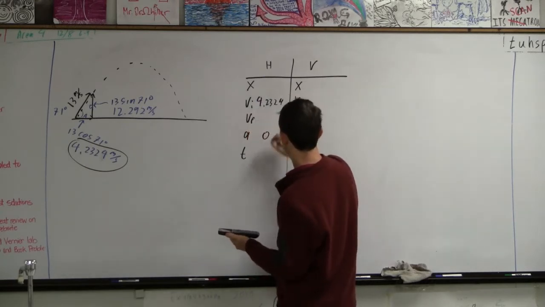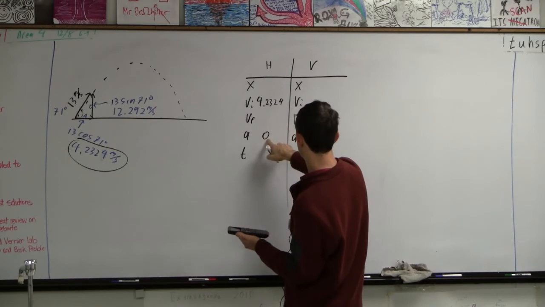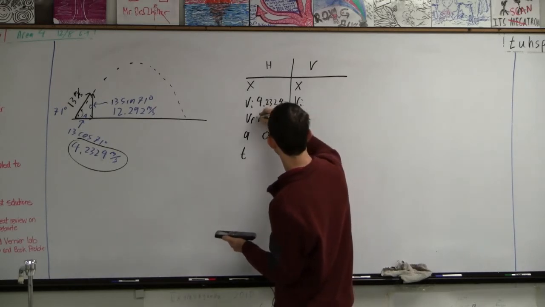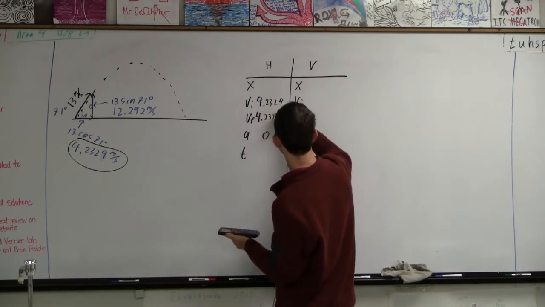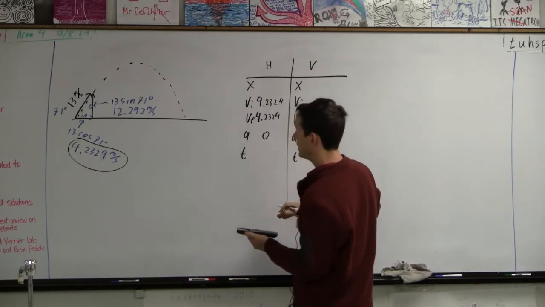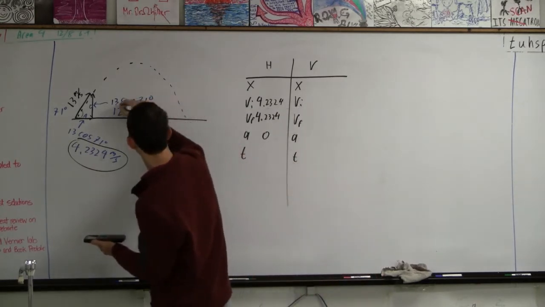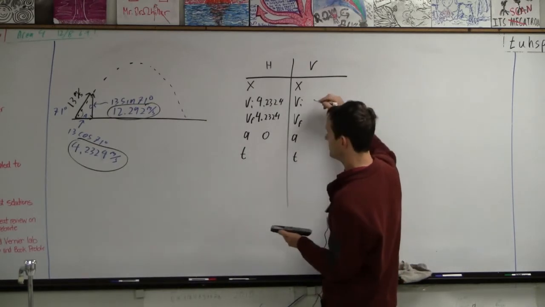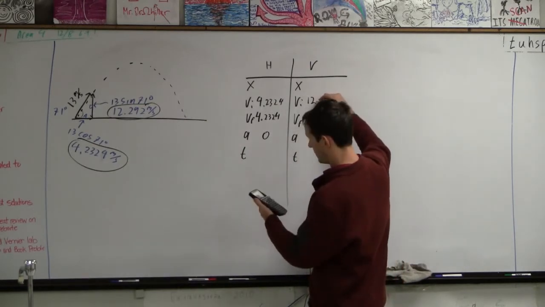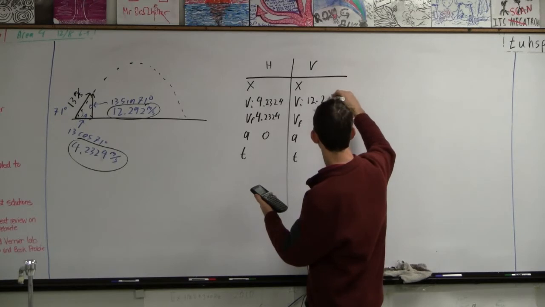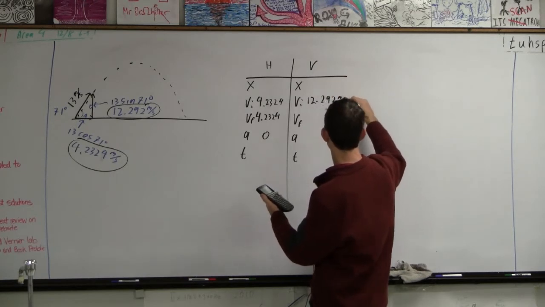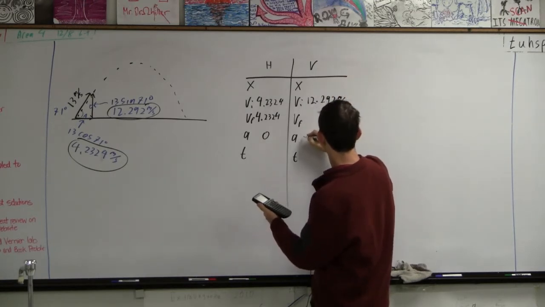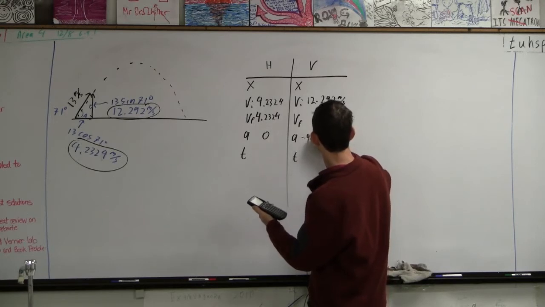And since the acceleration in this direction is 0, the final is also 4.2324. This one goes in as my initial velocity vertically, 12.292 meters per second, and then the acceleration is negative 9.8 meters per second squared.